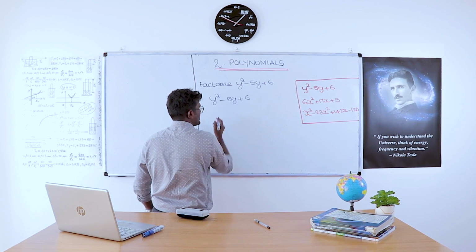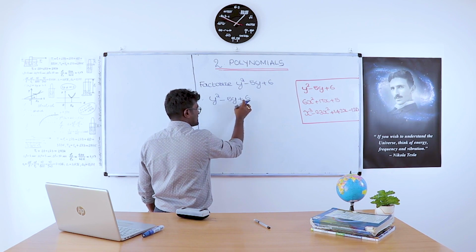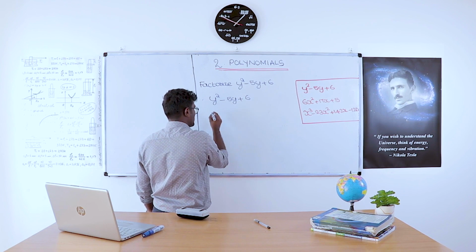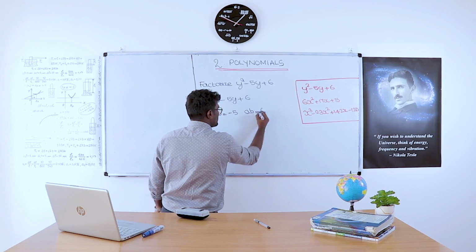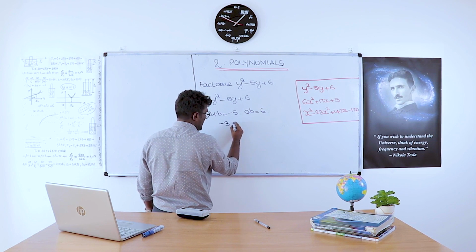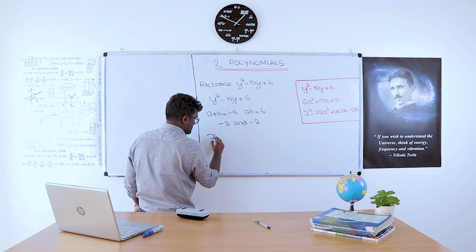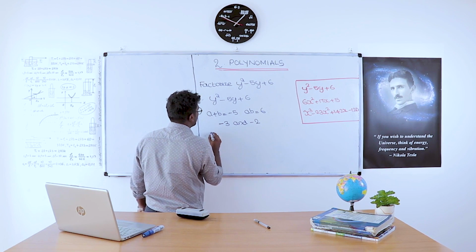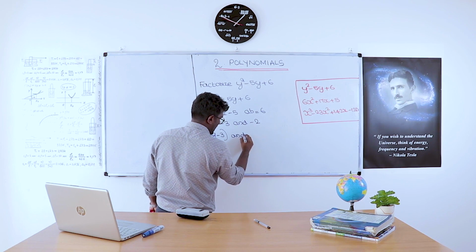For the factorization, we have to take two numbers such that if the two numbers are added, we get minus 5, that is a plus b is equal to minus 5 and ab is equal to 6. What are the two numbers? The two numbers are minus 3 and minus 2. So the factors, in terms of y, are y minus 3 and y minus 2.